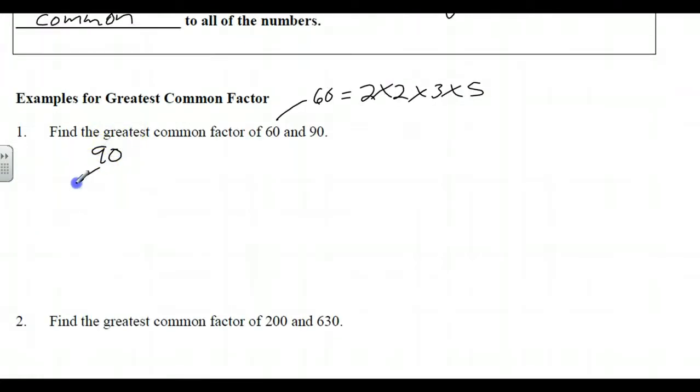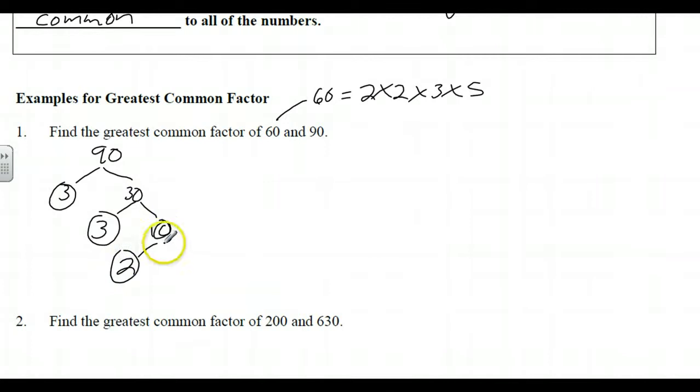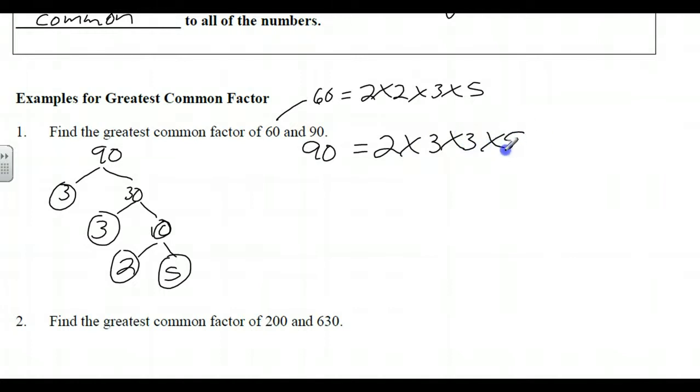Now you can write any factors, right? So I could say it's 3 times 30. 3 is prime. 30 is 3, which is prime, times 10. And 10 is 2, which is prime, times 5, which is prime. So 90 is equal to, now let's put these in order, 2 times 3 times 3 times 5.